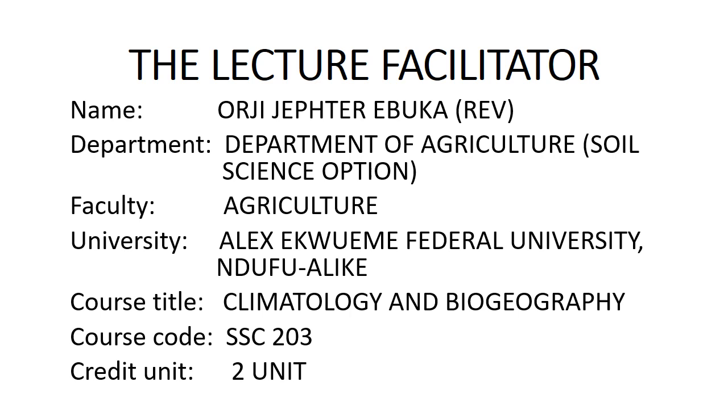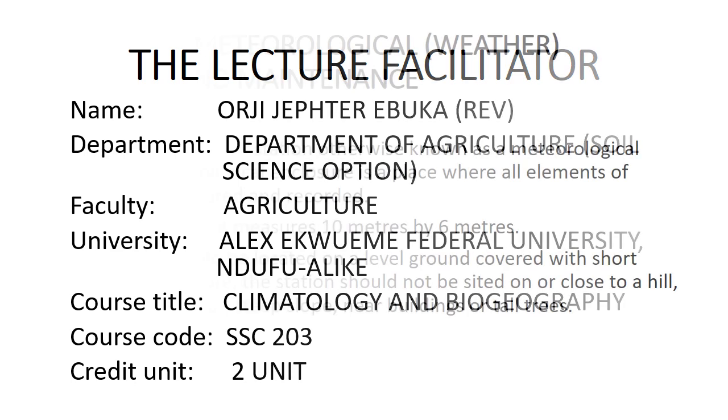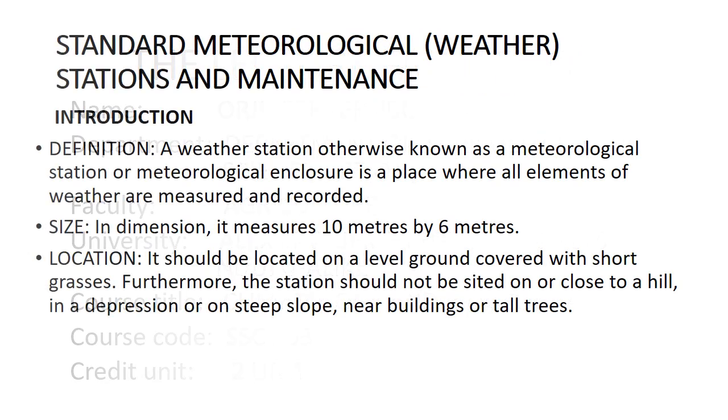The course code is SSC 203 and the credit unit is 2 units, meaning that it will be 2 hours per week. Now, the topic for the day is standard meteorological or weather stations and maintenance.